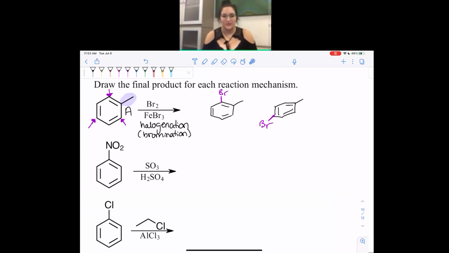So for the next one, what kind of reaction is this? And I'm going to do it in red, a different color, so it sticks out more. What kind of reaction do we have in this second one? A sulfonation. And what group do we add in a sulfonation?